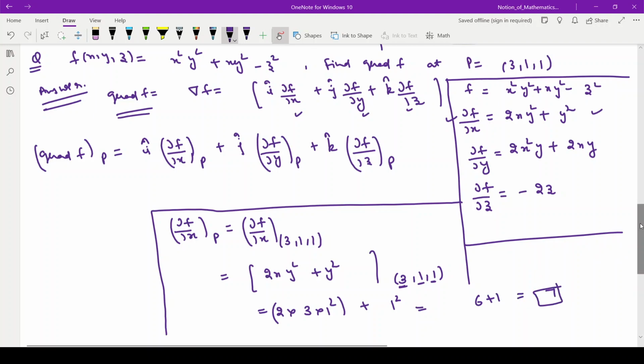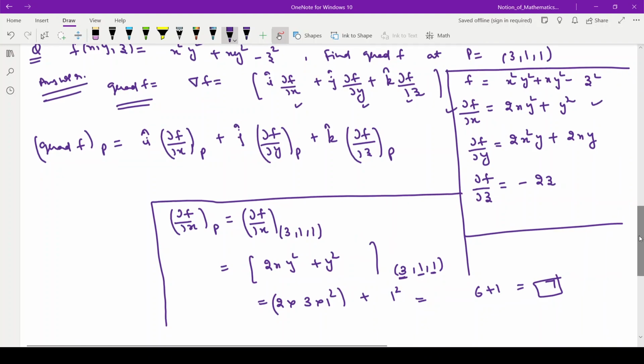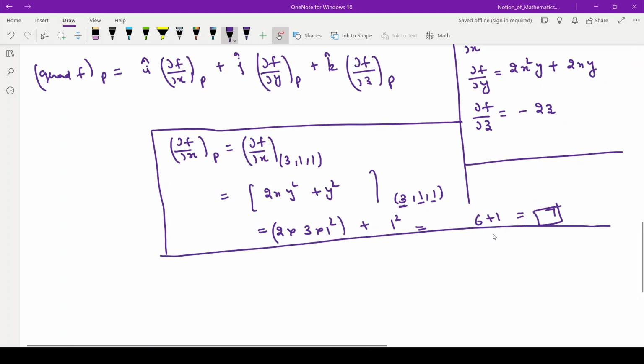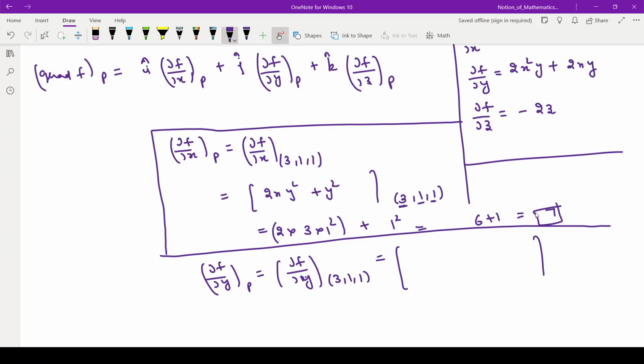Thereafter I would like to discuss the value of partial f by partial y at the given point P. It means partial f by partial y at the point (3, 1, 1). What is partial f by partial y? It is already evaluated, so at the point (3, 1, 1), it is x, y and z.